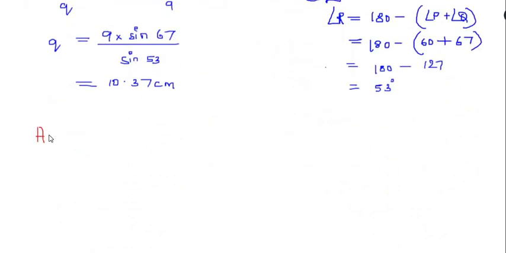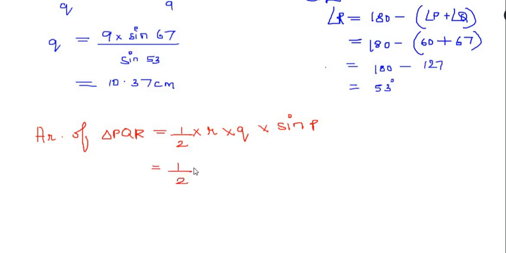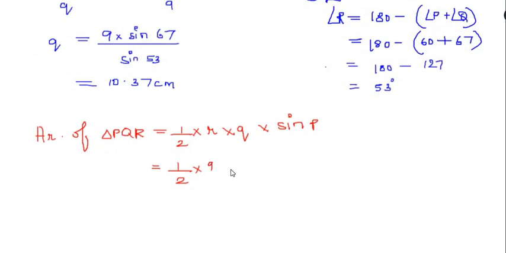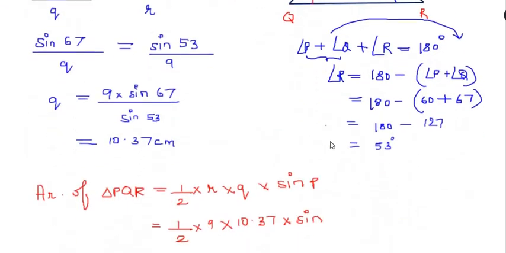Area of triangle PQR equals half times R times Q times sine P, which is the angle in between the sides R and Q. So we have half times R, which was given as 9, times Q, which we got as 10.37, times sine of angle 60, because angle P was 60.